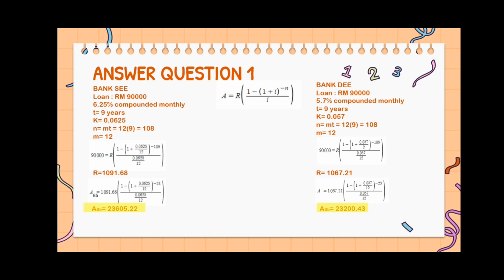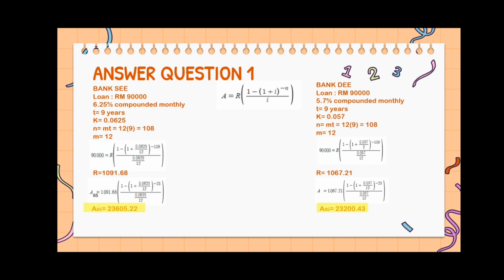Using a calculator, we get A equals 23,605.22. So that's the answer for Bank C.